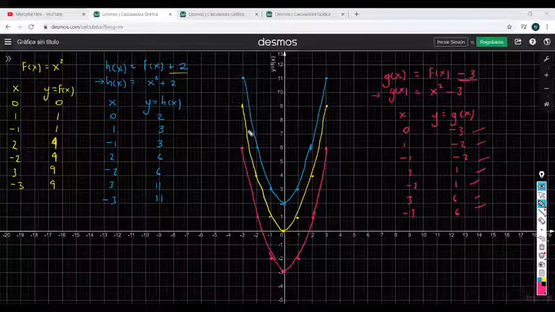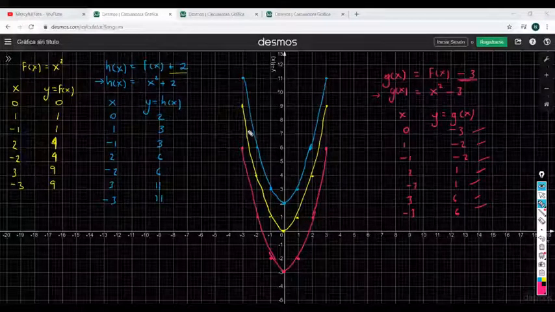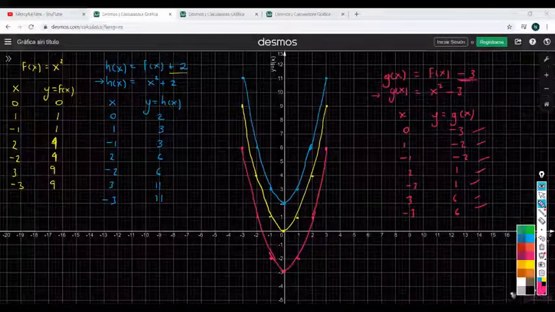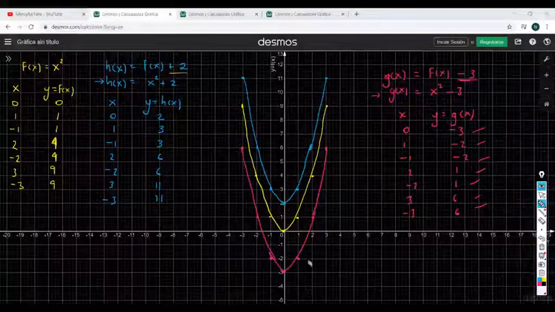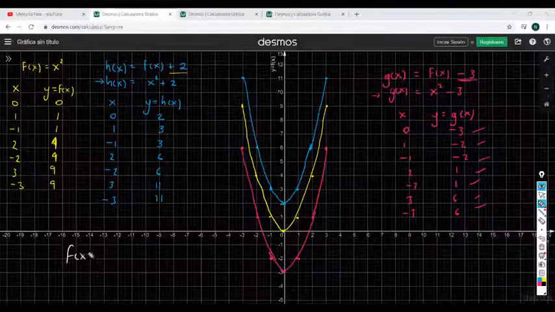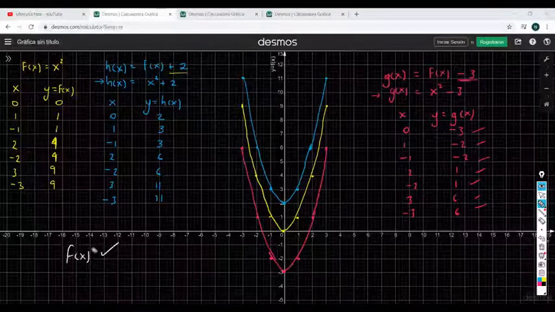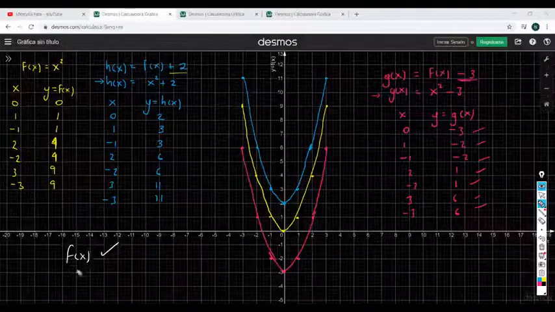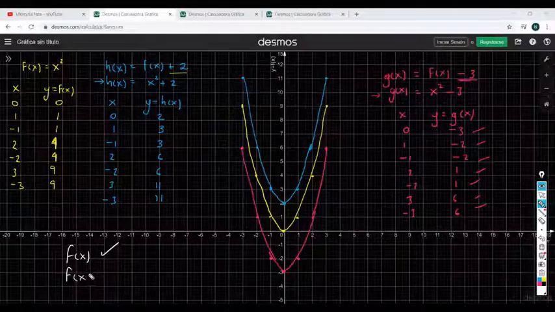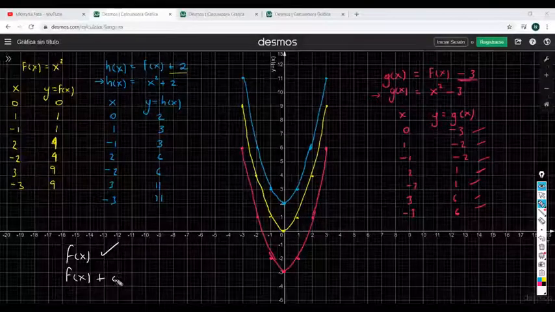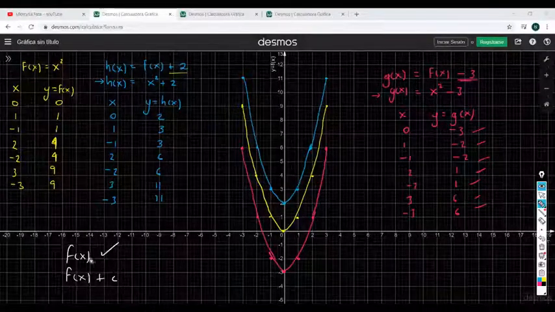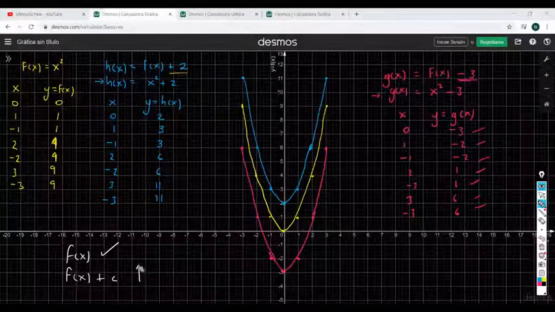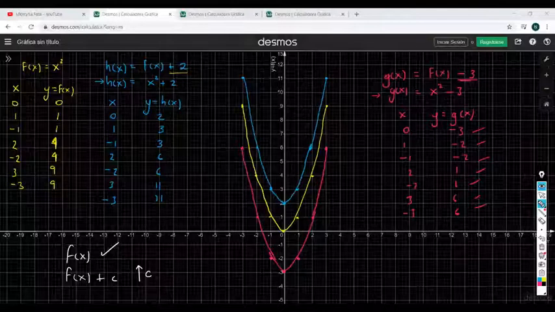So what are we doing, guys? What pattern are we seeing? Okay, if you know how the graph of a function f looks, and by the way, it doesn't matter how complex the function is, if you know this graph, then the graph of this other function, f of x plus a constant c, will be the same as this one, with the only difference that this one is going to be displaced upwards by c units.